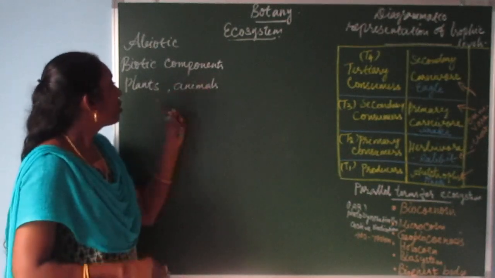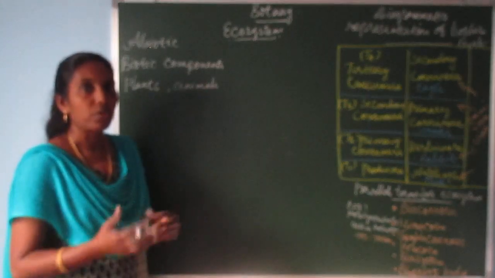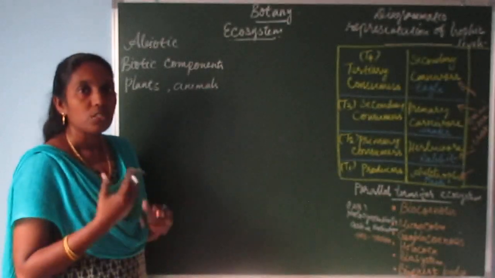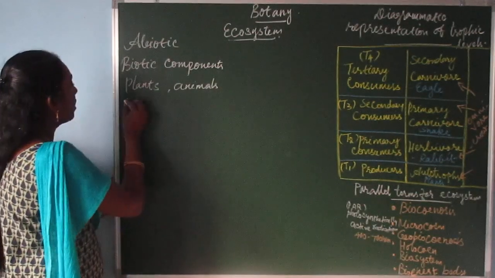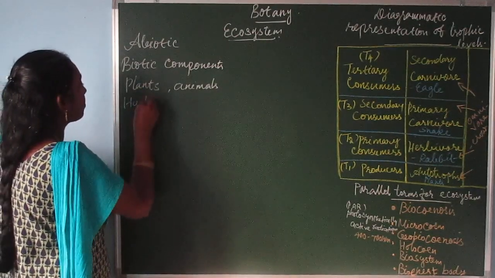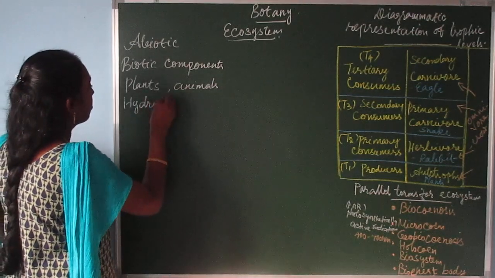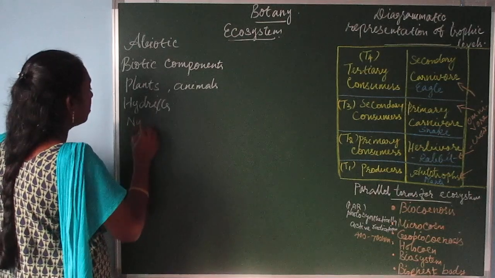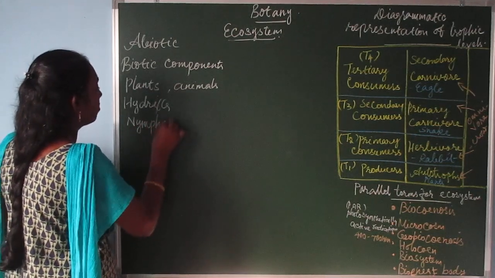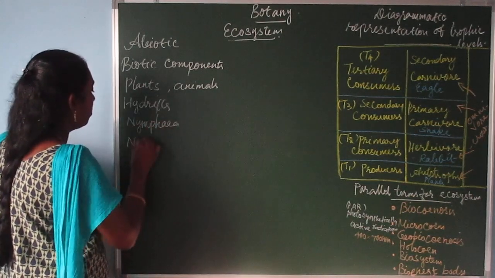But biotic components include plants, micro as well as macroorganisms, the phytoplankton, zooplankton, algae. Some examples of plants are hydrilla, nymphaea, nelumbo.